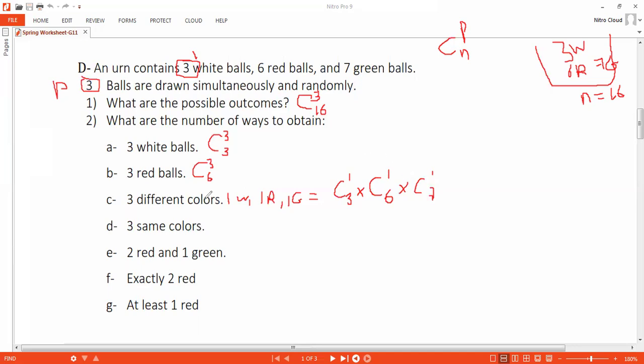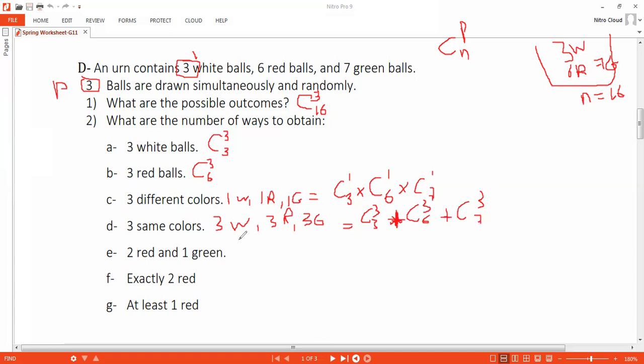Okay, 3 same color means I can get 3 white, or 3 red, or 3 green. So this can be translated to C 3 3 plus, because I'm in a different case now, this is "or", C 3 6, or C 3 7, which means 3 green balls.